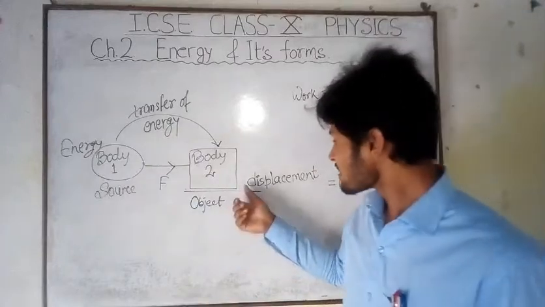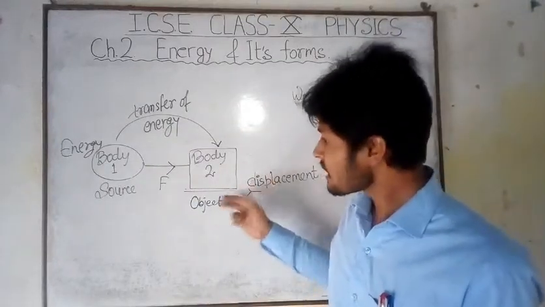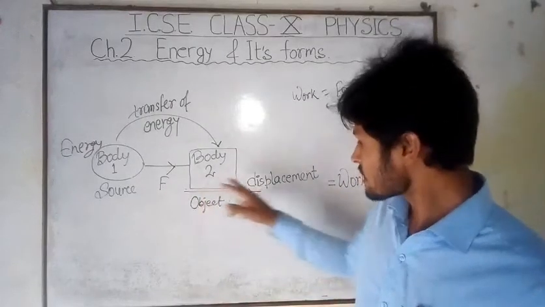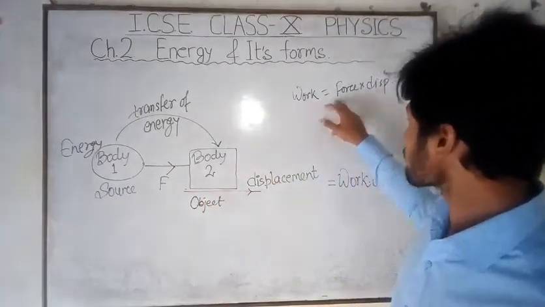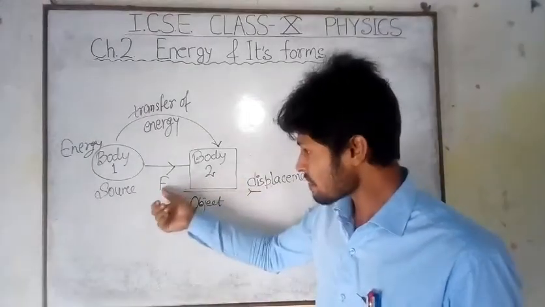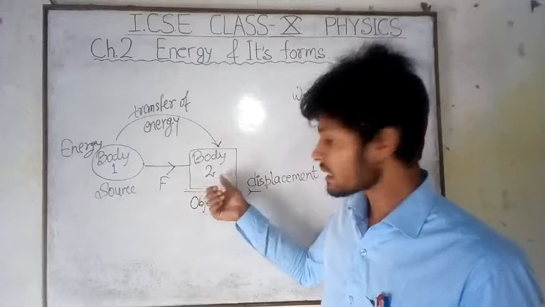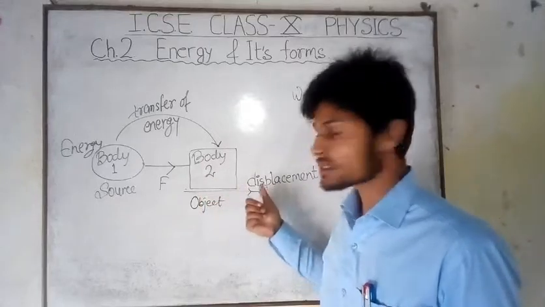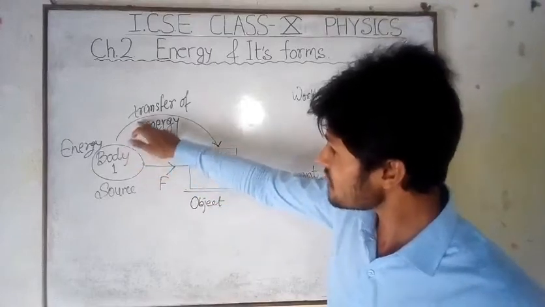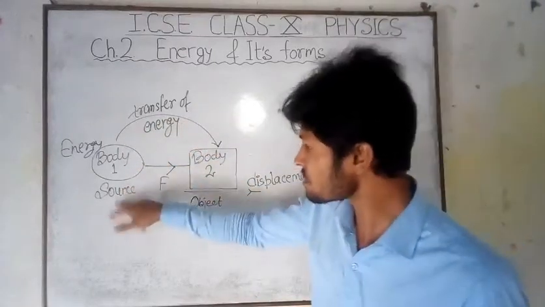Now, when there is a displacement, then we say there is a work done. So if there is force with displacement, then work done equals force into displacement. By the application of this force, the body too displaces. There is some displacement. Then we say that there is some transfer of energy from this source to this object.